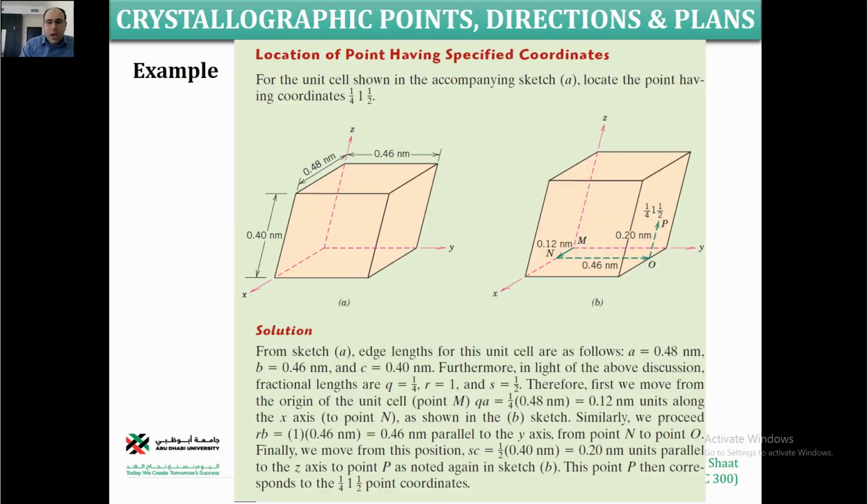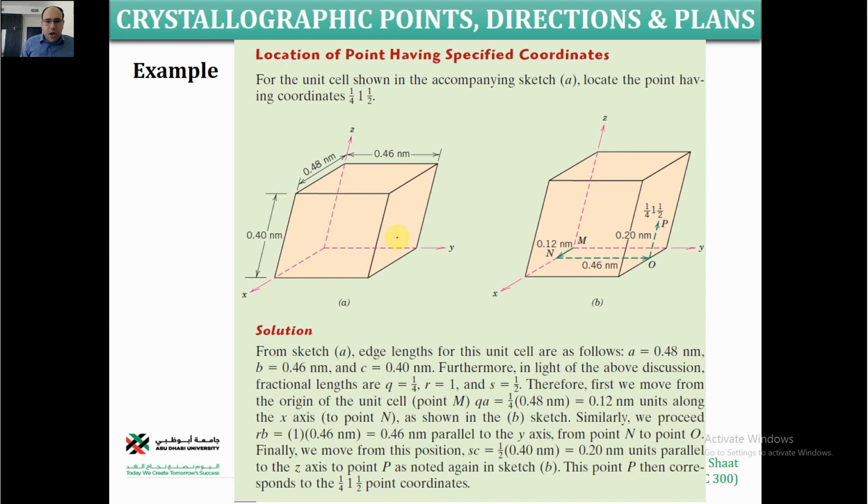Make sense? For example, for this case, it is required to locate a point. It means that you're gonna draw the point having the given coordinate within this crystal structure. This is a unit cell for a specific crystal structure. We don't know exactly what the type of this crystal structure is, and we are not interested.